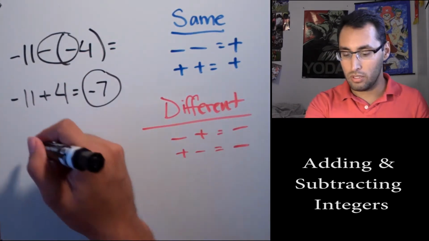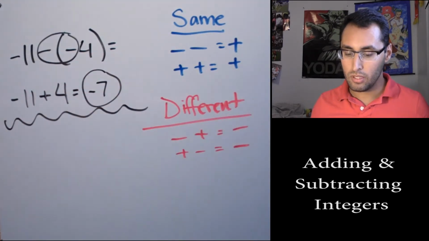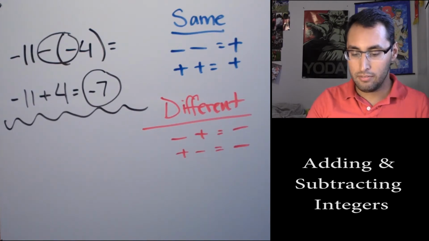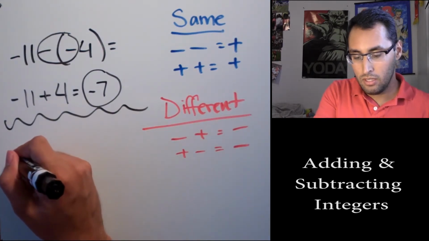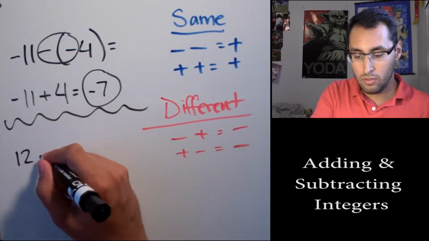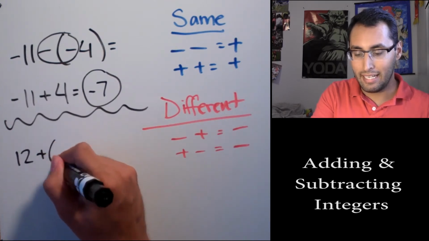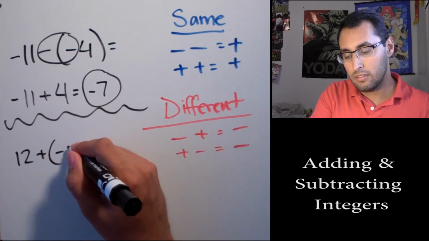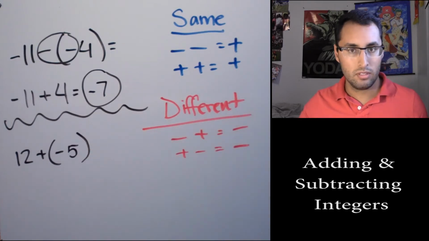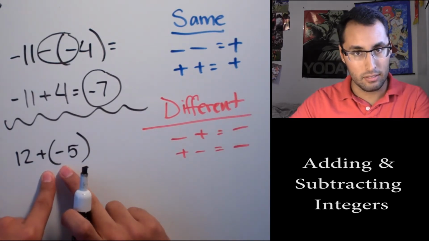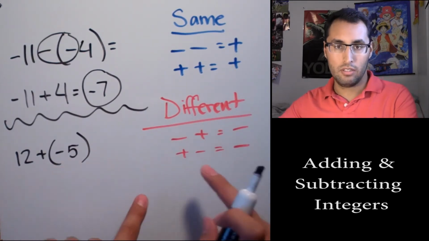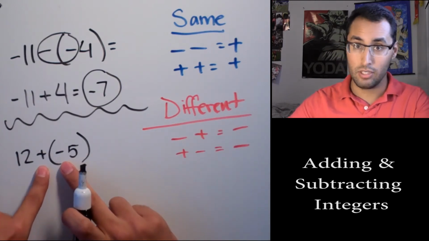I'm going to do one more of this type. Alright, so let's say we have positive 12 plus a negative 5. Well, I see consecutive signs here, right? So let's look over here. They turn out to be different. They're not the same sign.